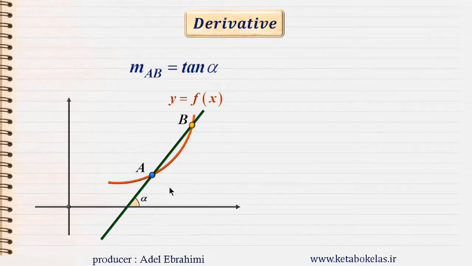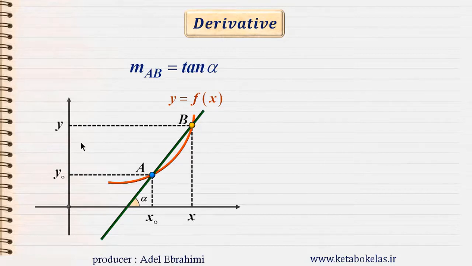The corresponding coordinates for point A are x0 and y0, and similarly for point B are x and y. If we continue this line, we can make a triangle, and this angle is equal to alpha, due to a second line crossing two parallel lines.